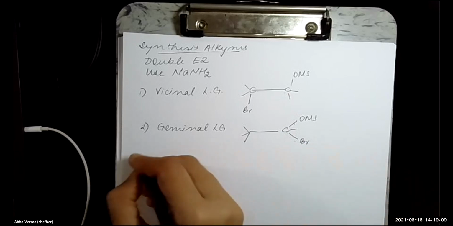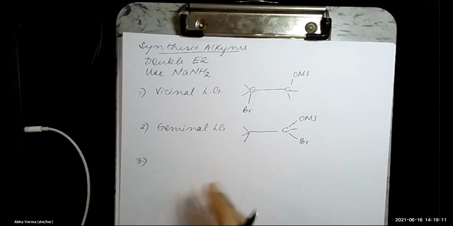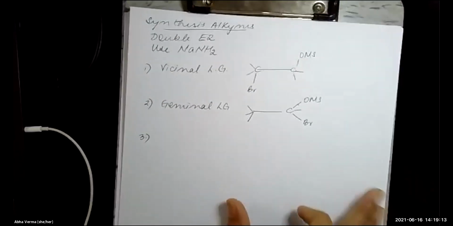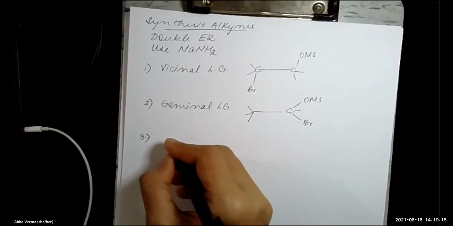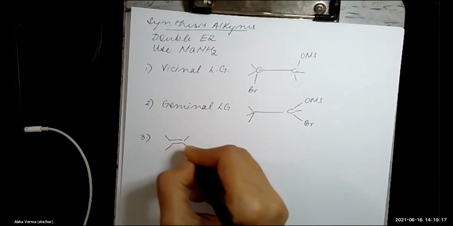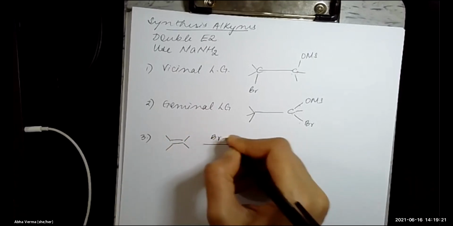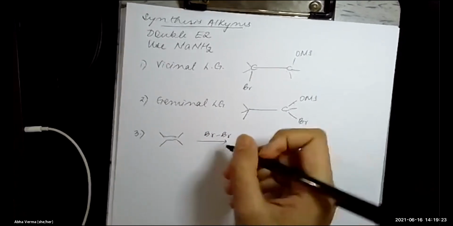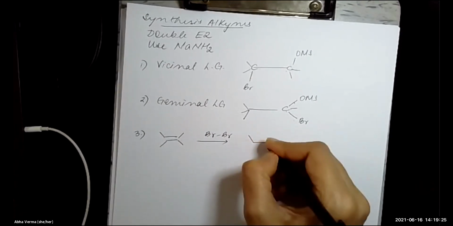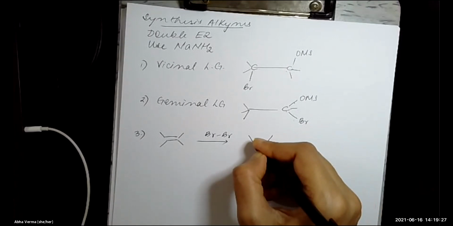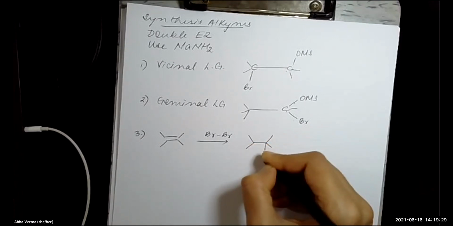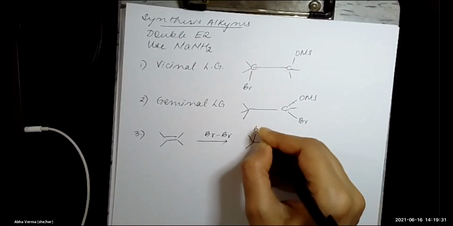A third way from which you can make alkynes is when you already have a double bond. And we will look at this reaction again very closely and more completely in our next module. Br, Br.